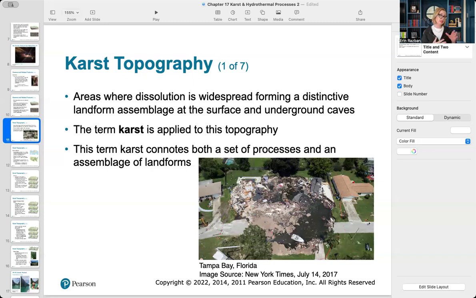This picture on your screen is not of that Winter Park sinkhole, but of a recent sinkhole on July 14th, 2017. The Winter Park sinkhole swallowed a house, several cars, and parts of the community swimming pool, causing over $2 million in damage. In 1981, that was a lot.